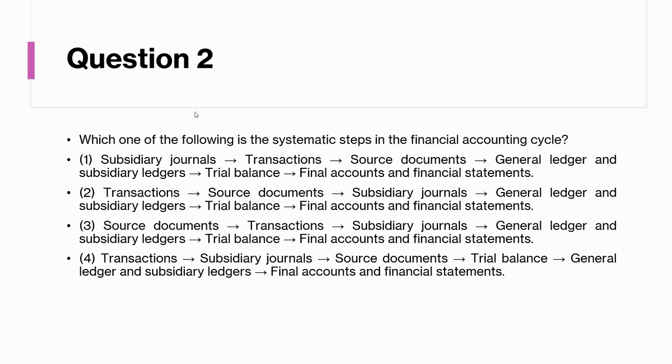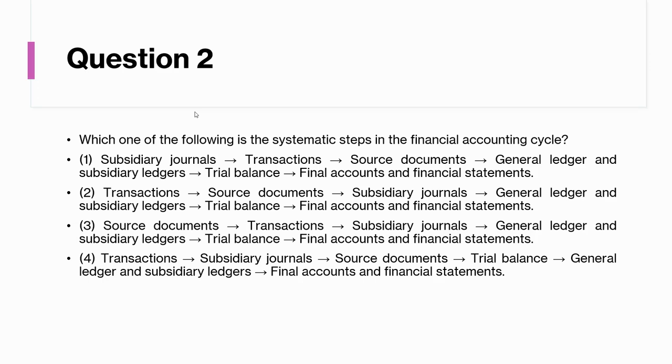Because obviously when you do your accounting, you don't just start with any step. You don't go and just produce a trial balance. You first start from your source and then you produce your transactions, you post journals, and eventually you produce reports. For instance, option one says subsidiary journals. No, already that one is out because subsidiary journals are not your first step.